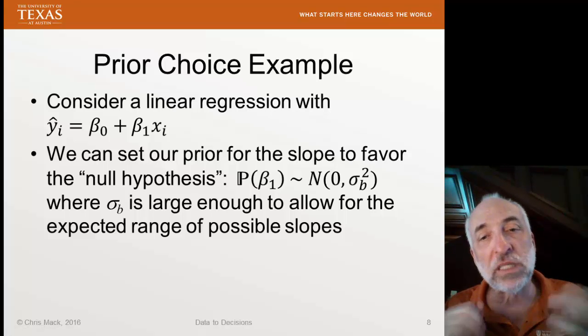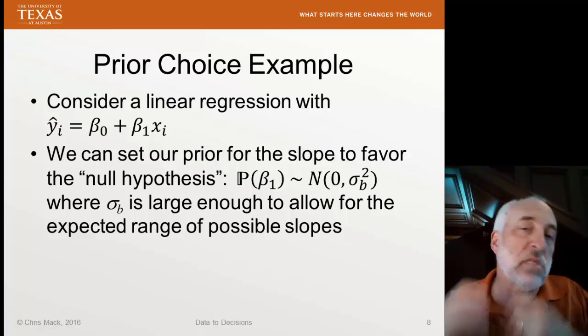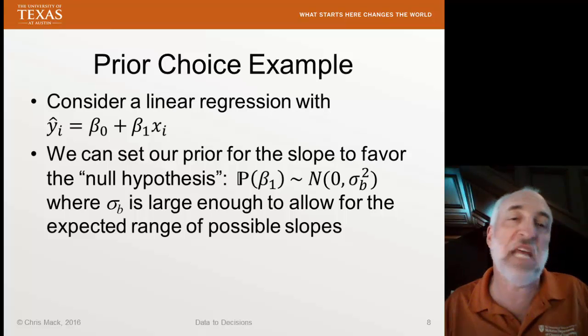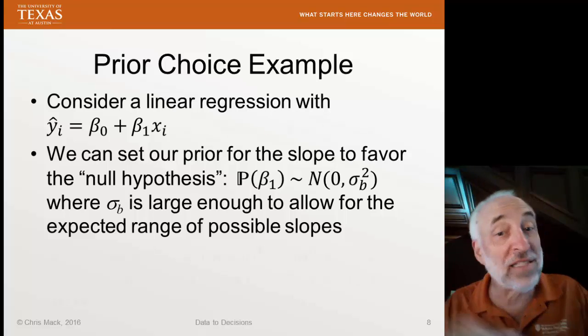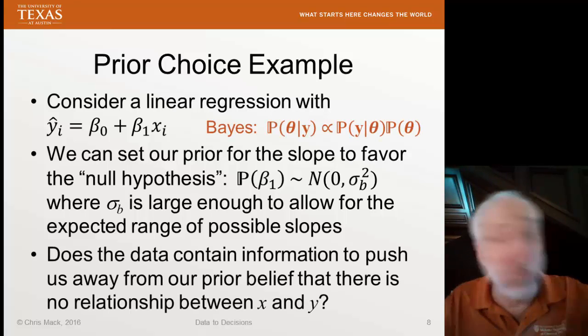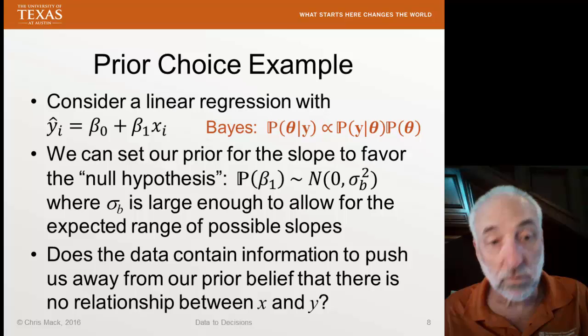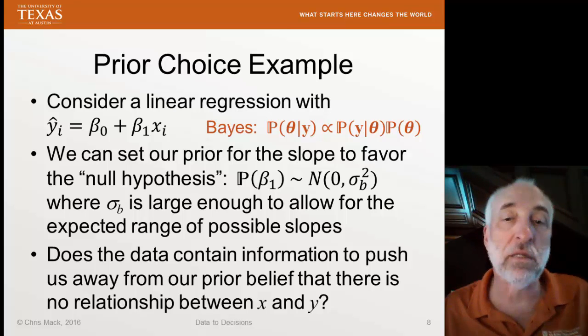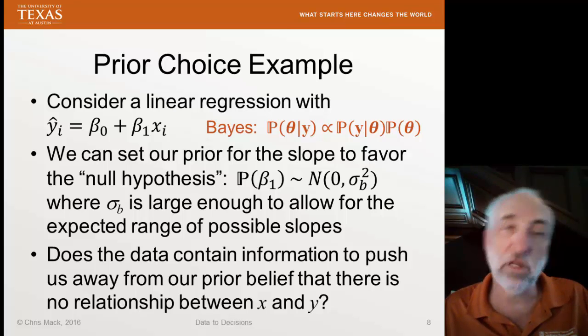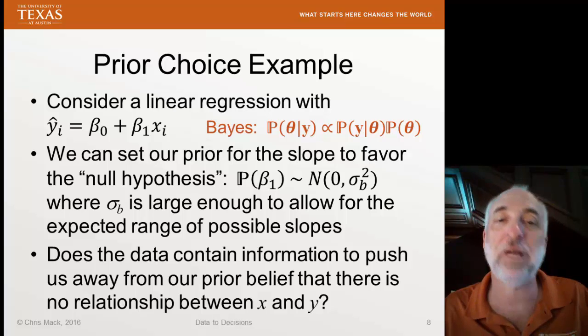But nonetheless, we're essentially saying my null hypothesis, my prior belief, is that there's no relationship between y and x. Now, does the data contain enough information to push me away from that prior belief? If it does, then I'll have a new estimate for the slope, and I'll essentially falsify this null hypothesis.